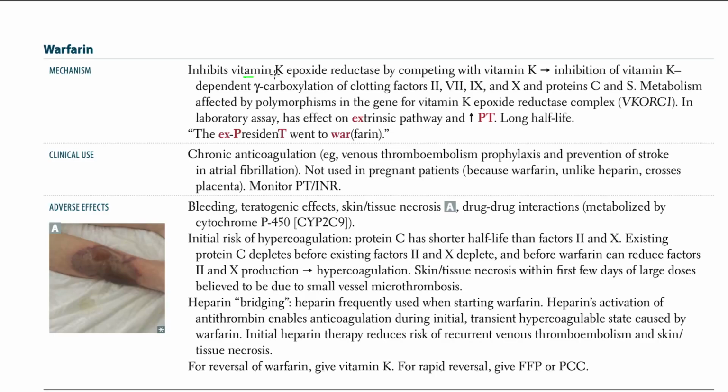It inhibits vitamin K epoxide reductase by competing with vitamin K itself, leading to inhibition of vitamin K-dependent gamma carboxylation of clotting factors 2, 7, 9, and 10, and protein C and S. Metabolism is affected by polymorphism in the gene for vitamin K epoxide reductase complex, VKORC1.